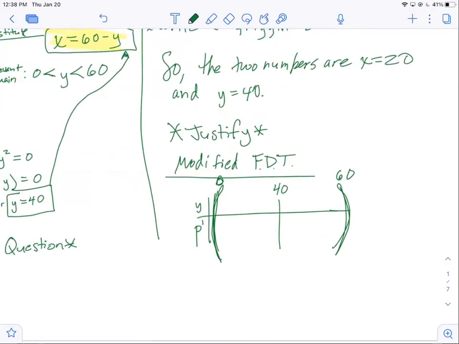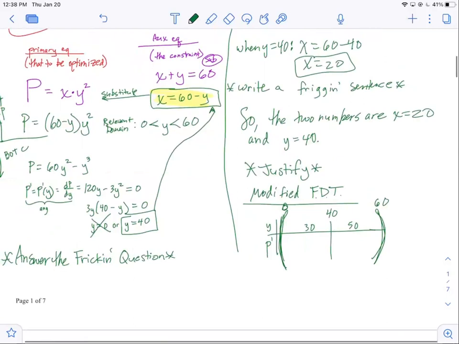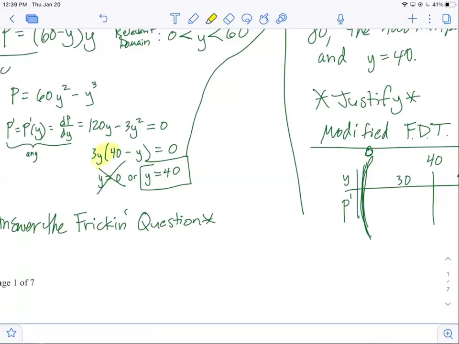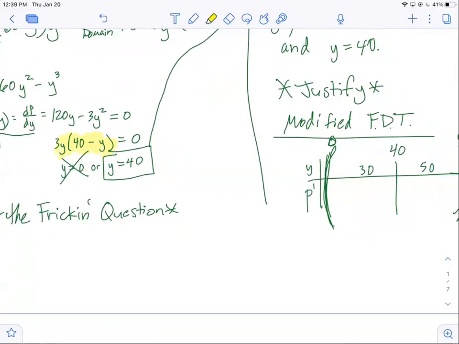Well, let's pick a number like 30 and 50. Now, when I plug it in, I'm going to plug it into which version of the first derivative? The full-fledged factored version, which is right here. So we plug in 30 and we get a positive times a positive, and that's positive. And notice, since 0 is a critical value, it's not only positive immediately to the left of 40, it's positive everywhere from 0 to 40.